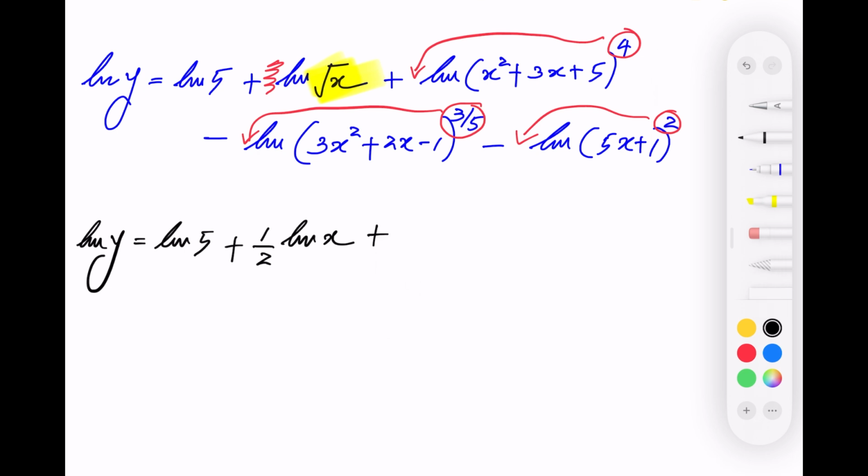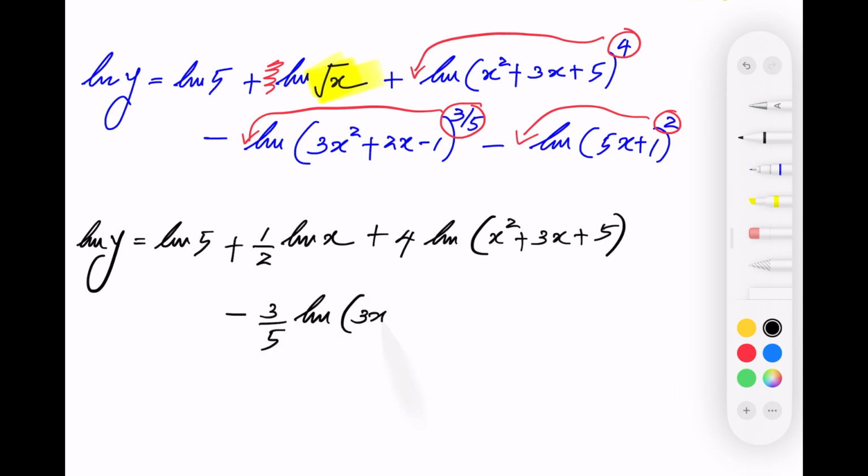With the next term, the 4 will be written up front times natural logarithm (x squared plus 3x plus 5). With the next term, minus 3/5 natural logarithm (3x squared plus 2x minus 1), with the last term minus 2 times natural logarithm (5x plus 1). All right.